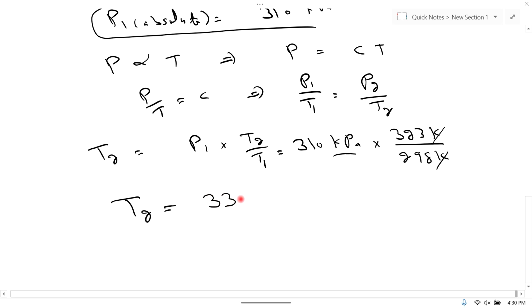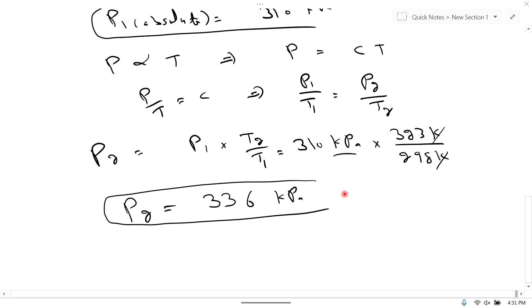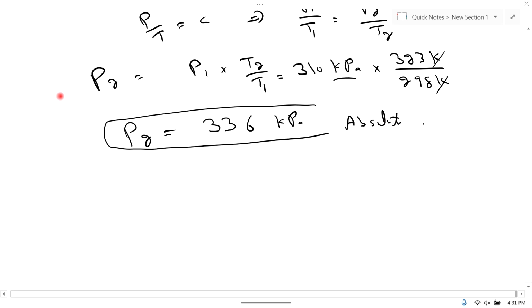Simplifying, this is P2, 336 kilopascal. This is the absolute pressure. So convert this value into gauge pressure. We know that P2 absolute is equal to P2 gauge plus atmospheric pressure.